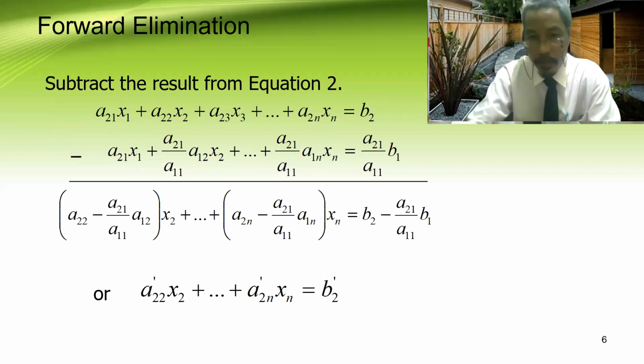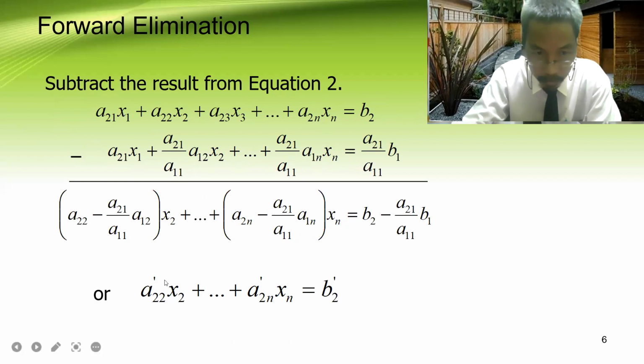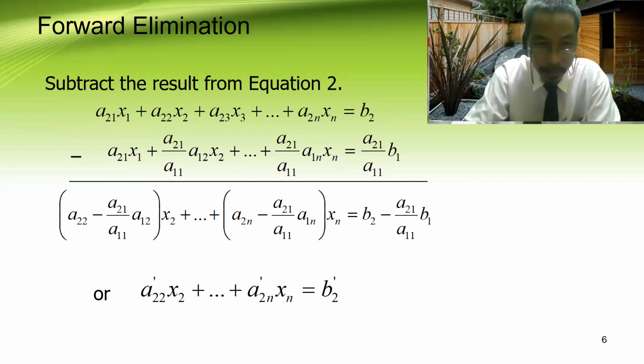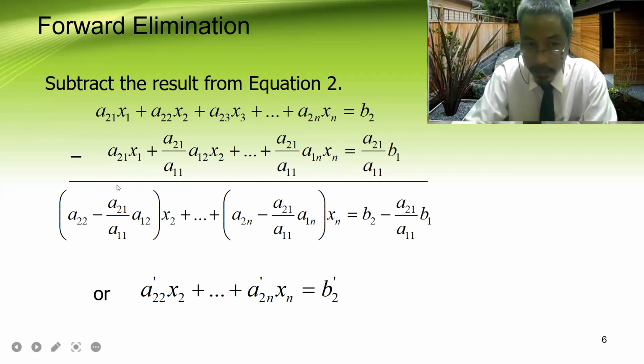This is not A22, because it is a prime. So all of this inside the parentheses is equal to A22 prime, and all of this inside the parentheses is A2n prime.